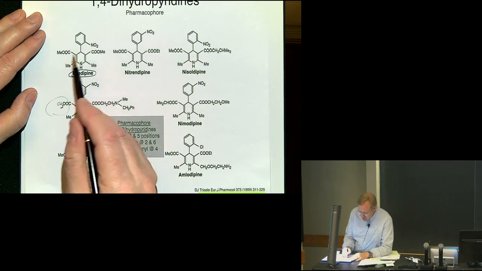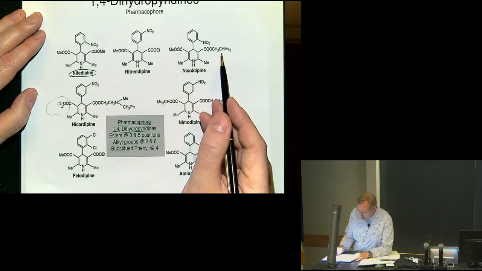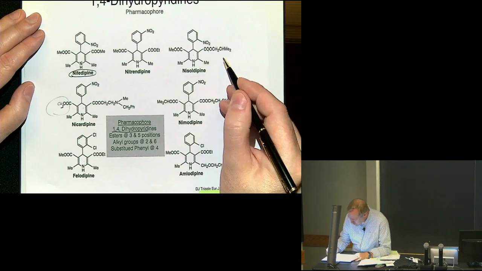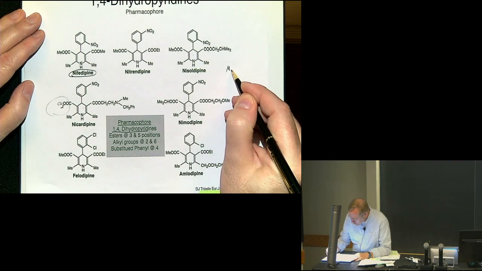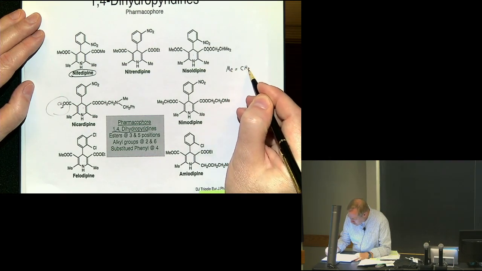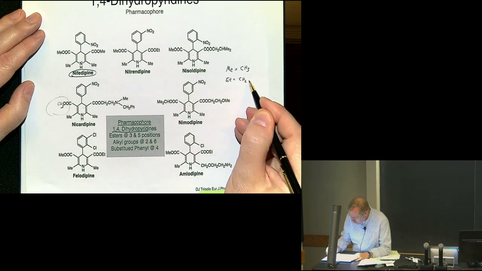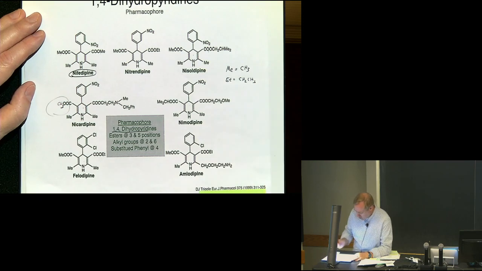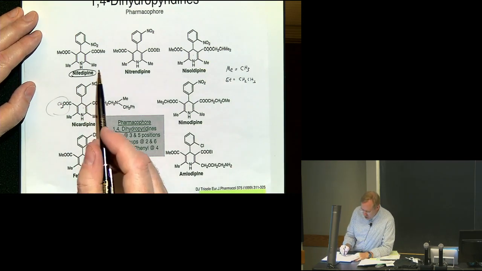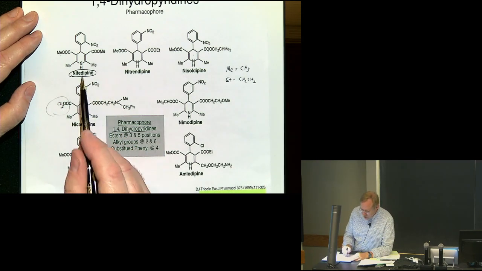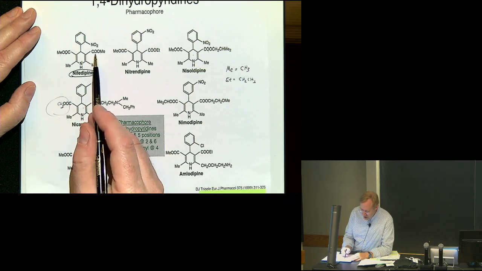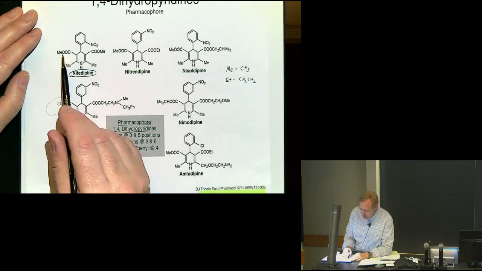Some of them are symmetric, but some of them are not symmetric. Oh, I should update this. Me equals a methyl. Some of these, see Et, that just equals ethyl. I don't want there to be confusion. This symmetry is kind of an accident of how these were synthesized originally.